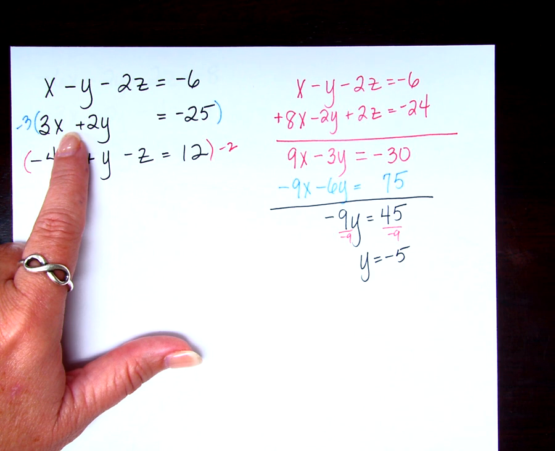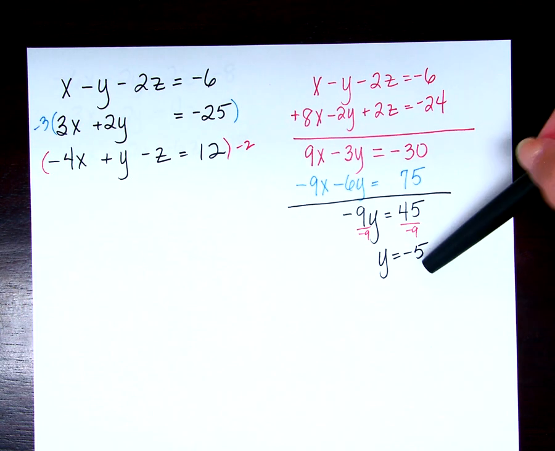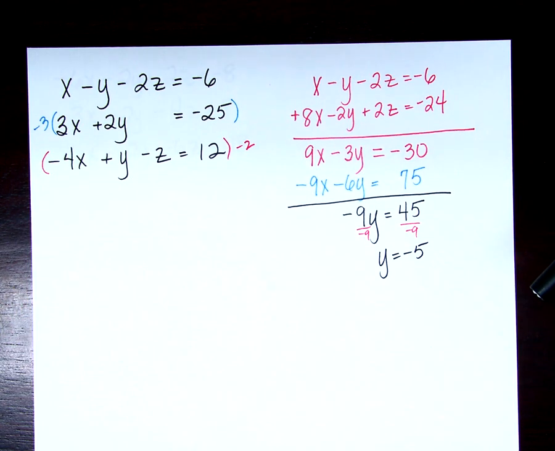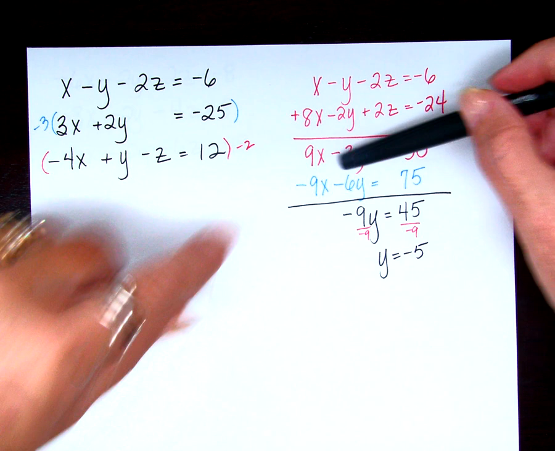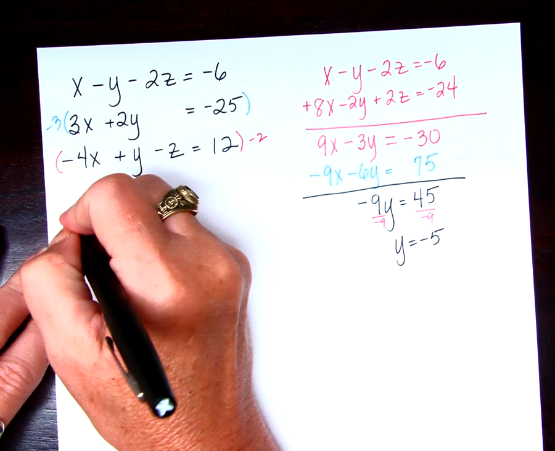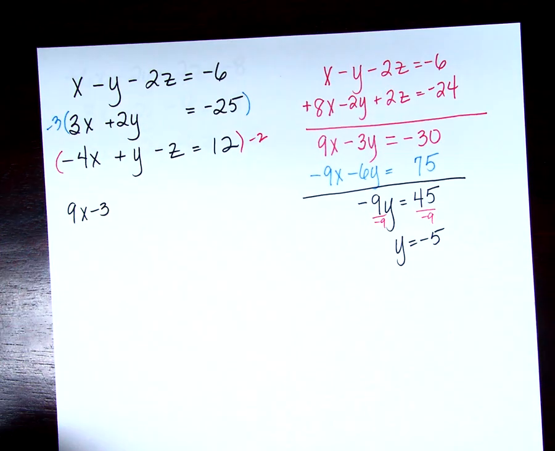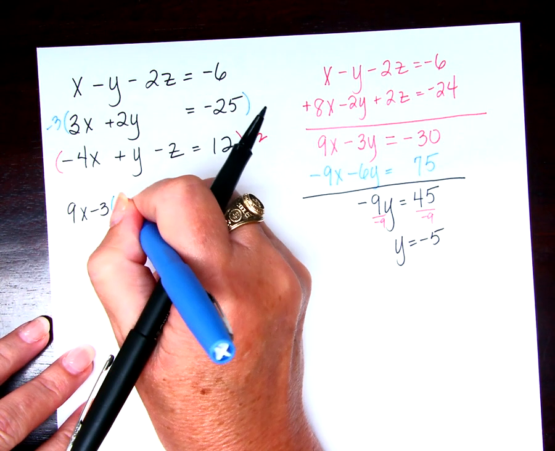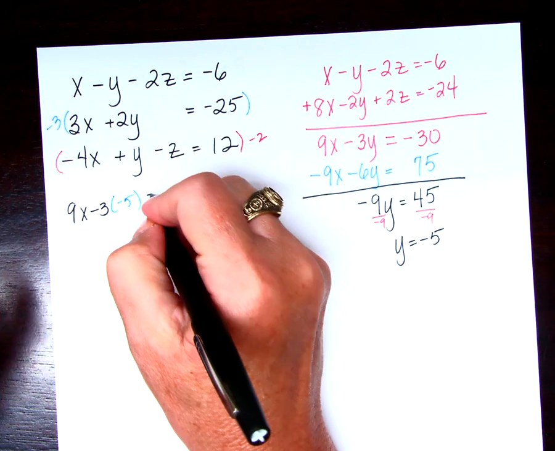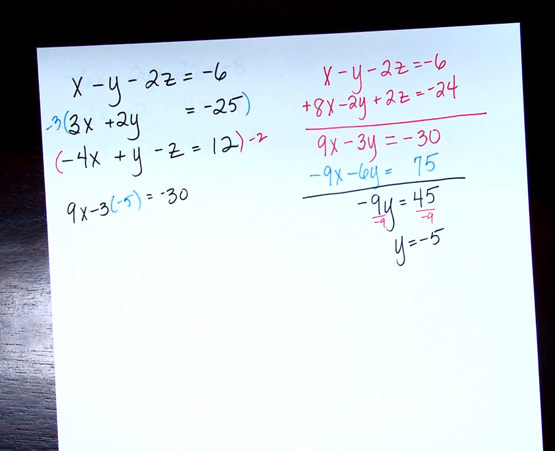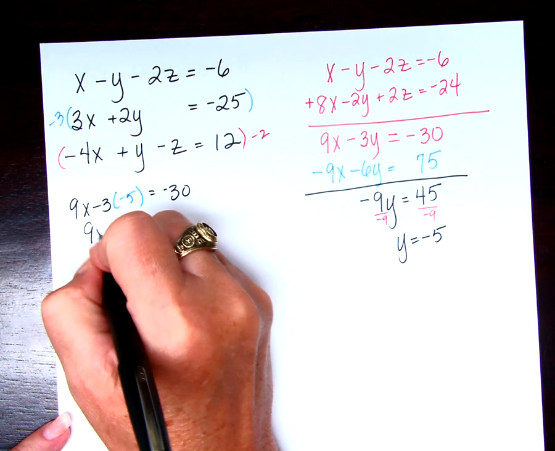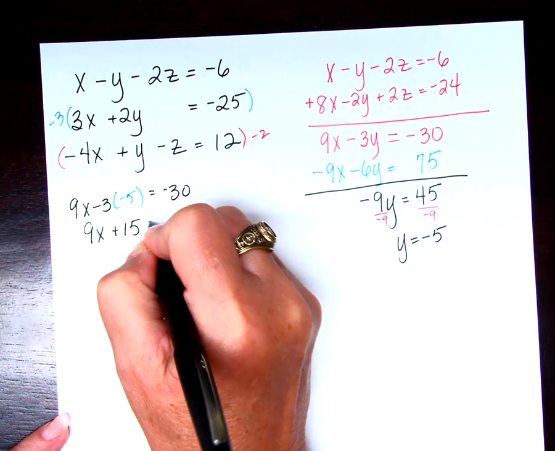Isn't that exciting? So where do you want to plug it in? The 9x minus 3y? Okay, I'm all right with that. So 9x minus 3 times negative 5 equals negative 30. So 9x plus 15 equals negative 30.